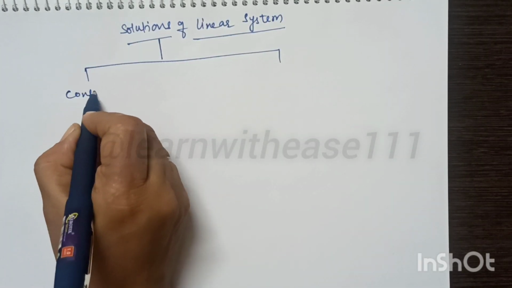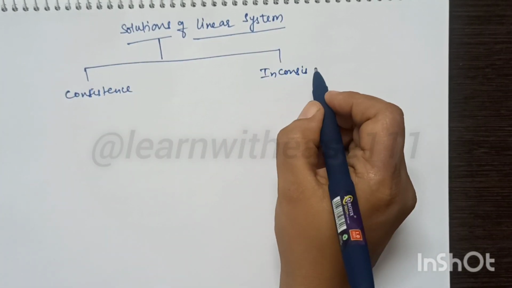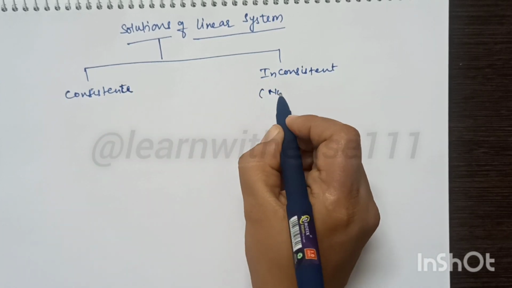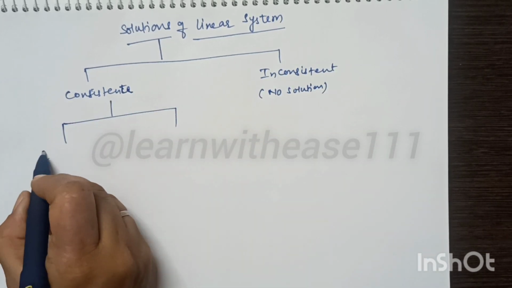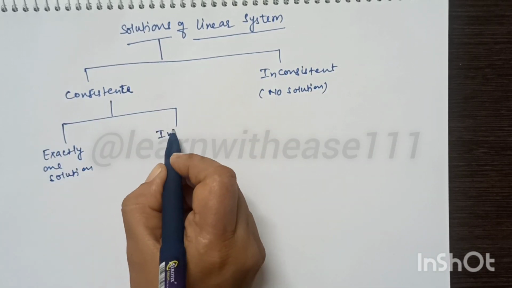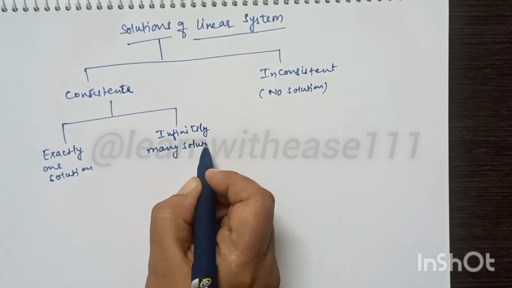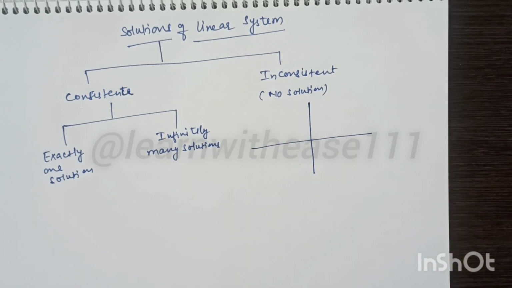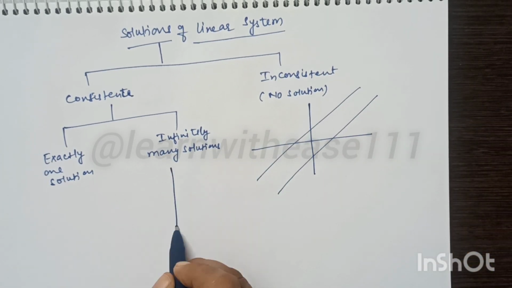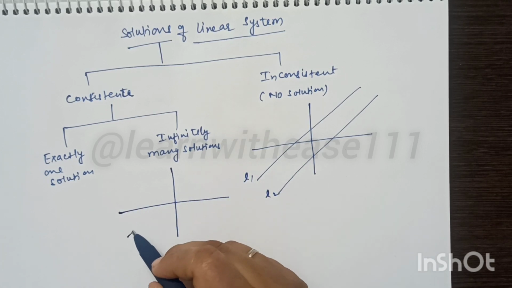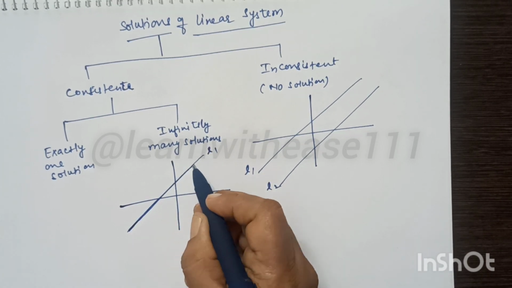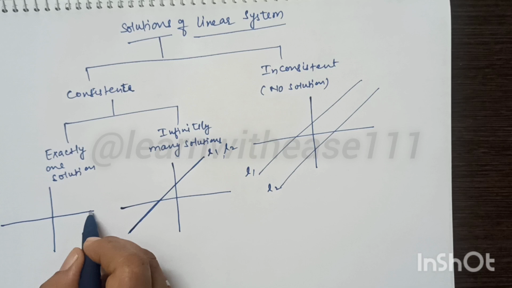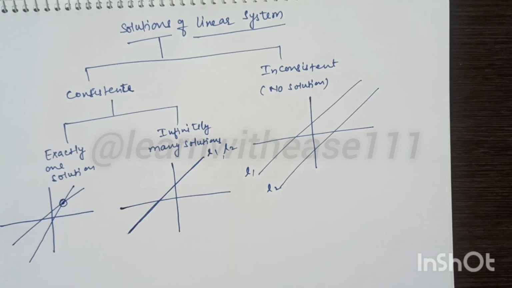So we have two kinds of systems: consistent and inconsistent. Inconsistent means there is no solution. Consistent means exactly one solution or infinitely many solutions. These are the graphs representing no solution, infinitely many solutions, where the two lines coincide, and exactly one solution, where they intersect at one point.